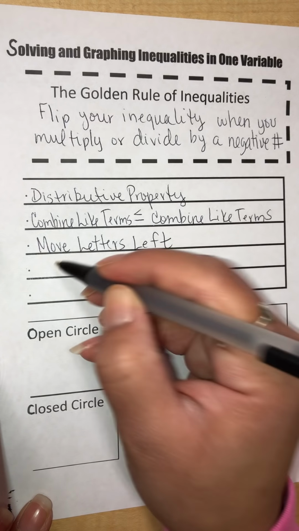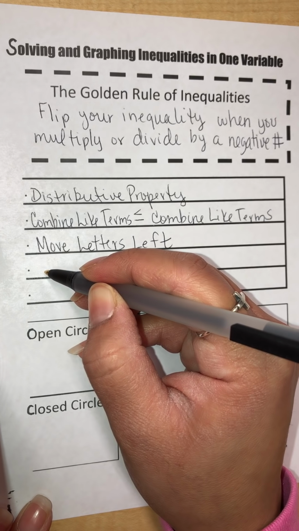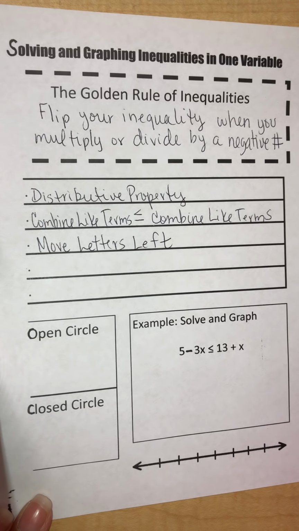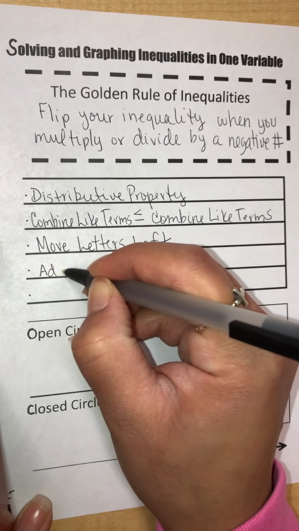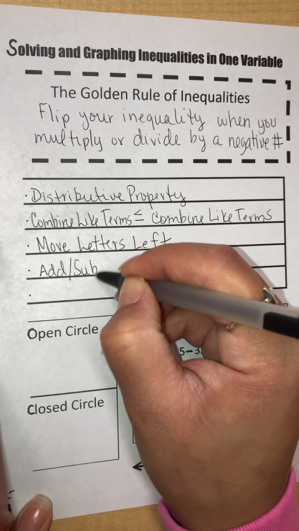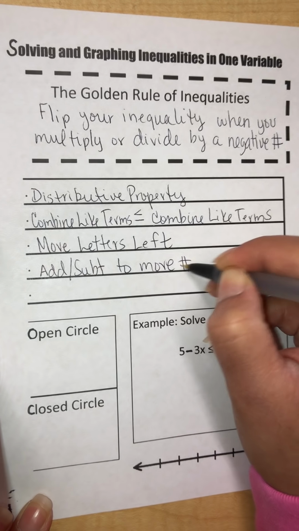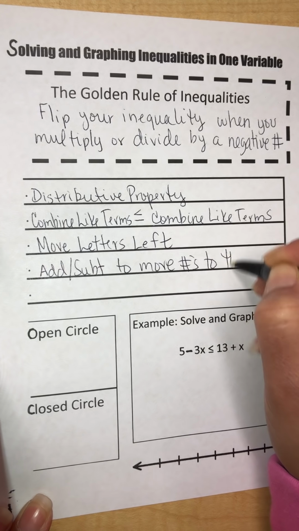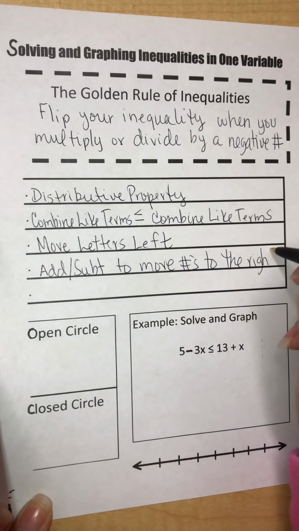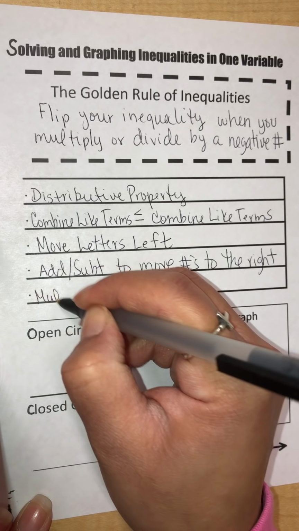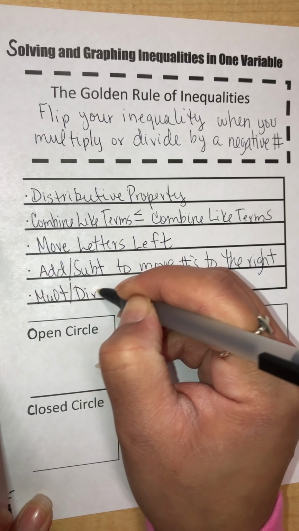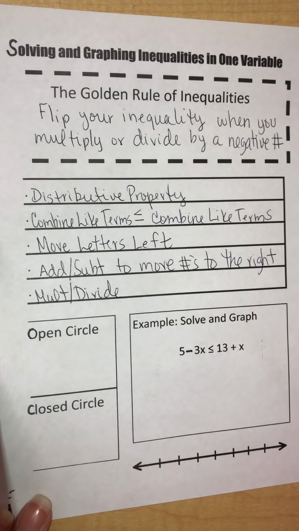Since we're moving letters left, we will add or subtract to move numbers to the right. And then finally, multiply or divide to isolate the variable.